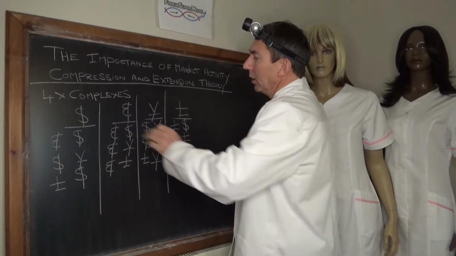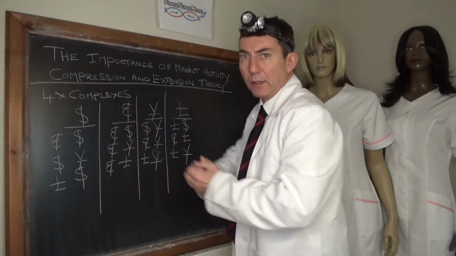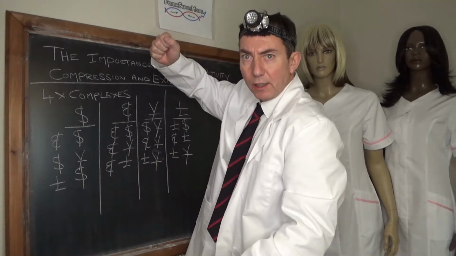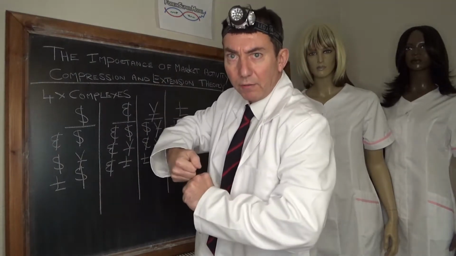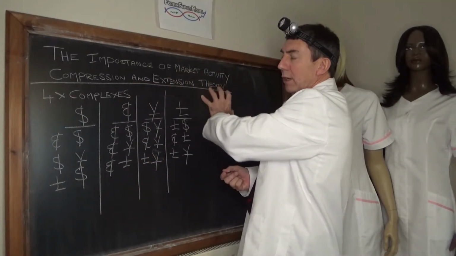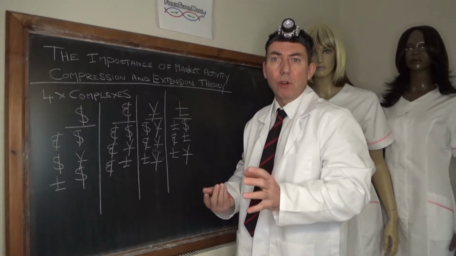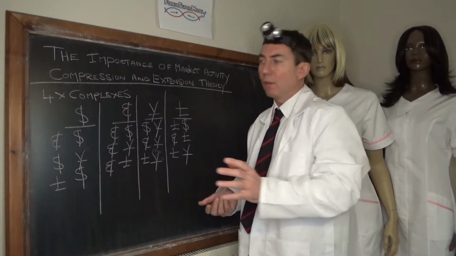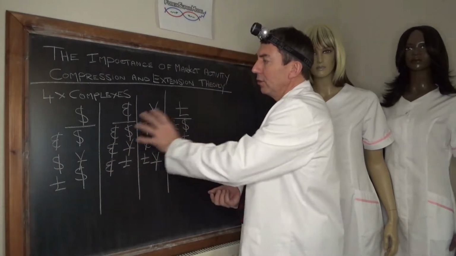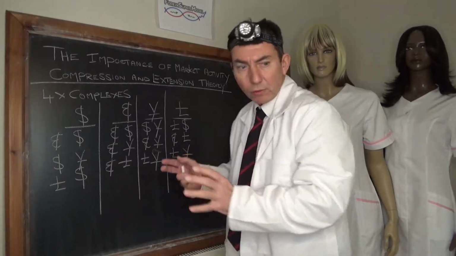So for example, the euro complex and the dollar complex, are they fully extended, somewhere in between, or fully compressed? And if you know the nature of the compression and the extension, then you're in a very strong position to decide on the turning points of the individual pairs. So that's the first thing.